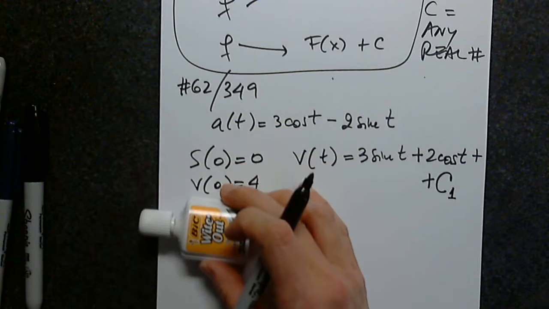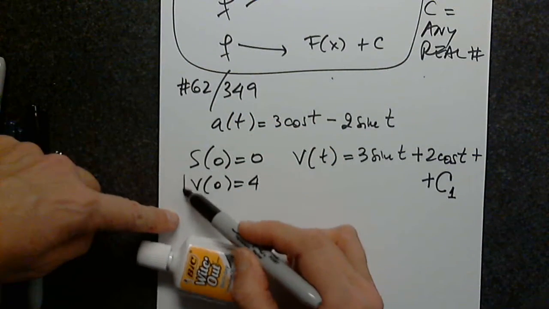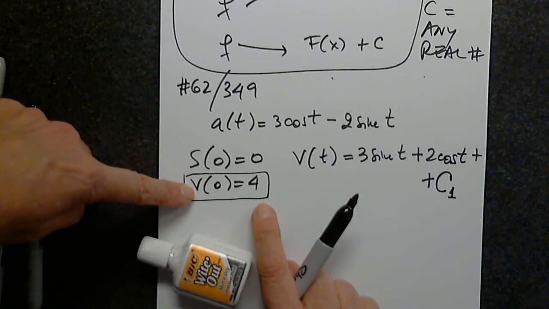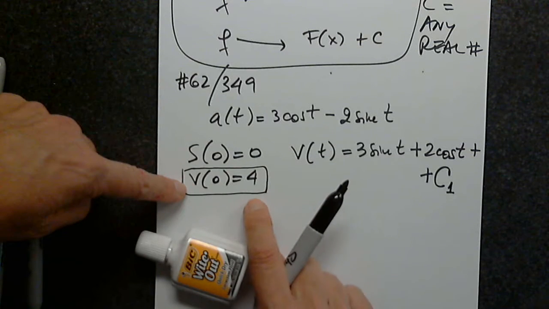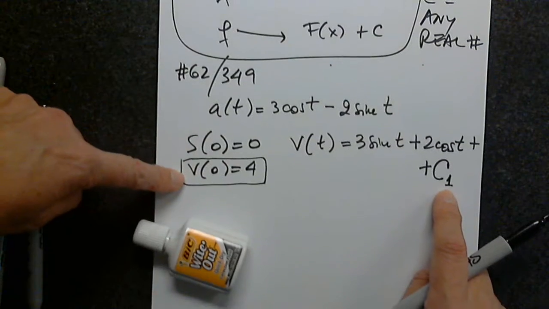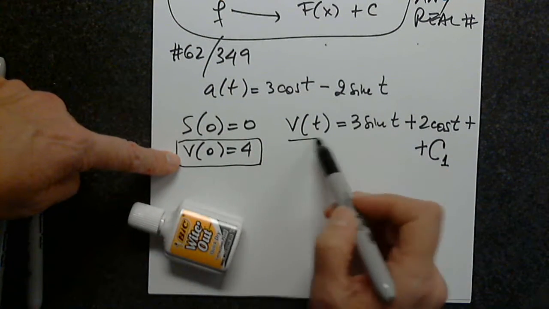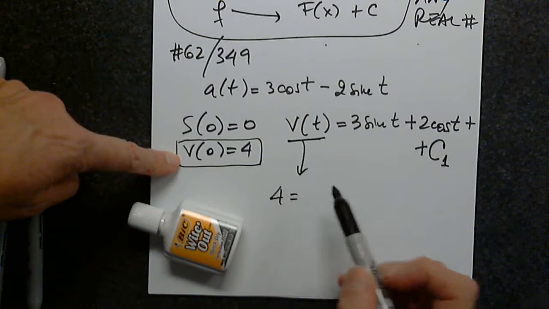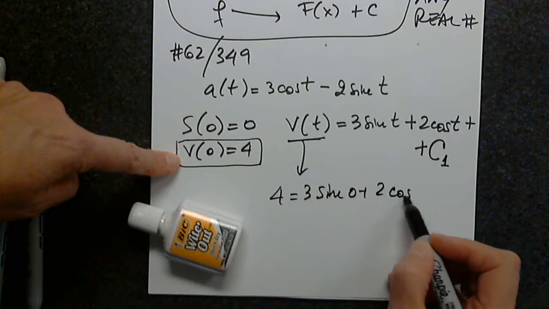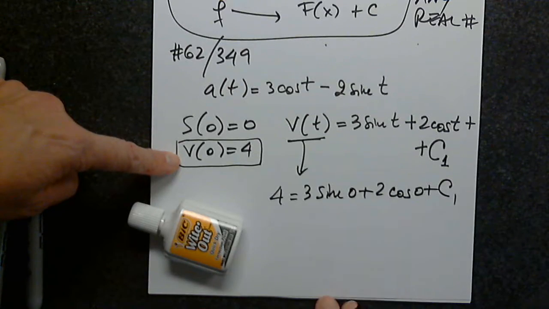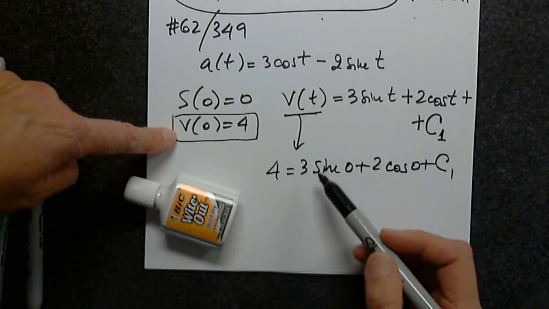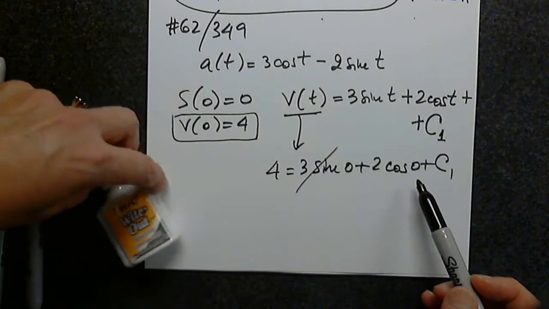Okay, I see that I am given a piece of information. What do you think this is given to us? It will help us, or it will enable us to find what? C1. Exactly. So V of 0 is 4, means 4 equals 3 sine 0 plus 2 cosine 0 plus C1. But how much is sine 0? Good. How much is cosine 0? 1.